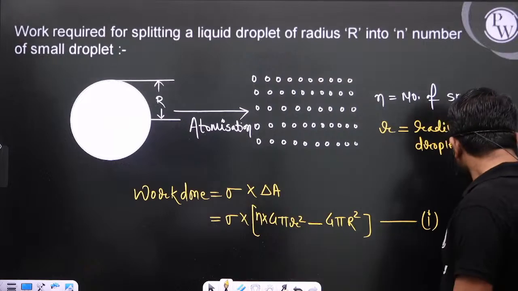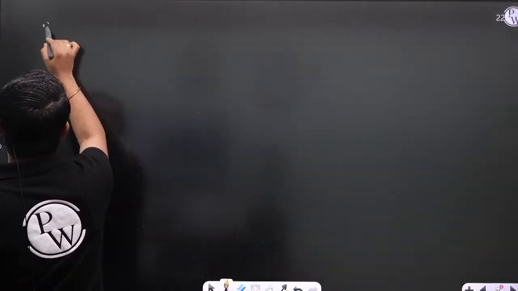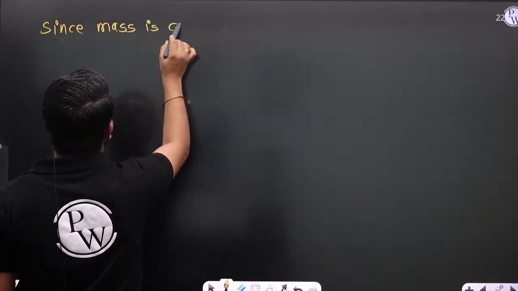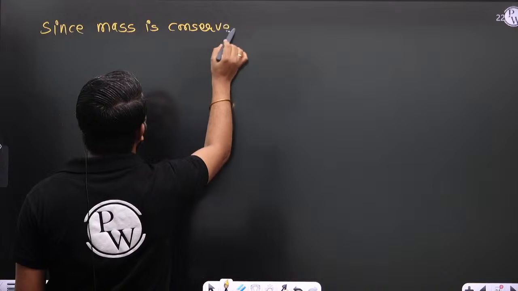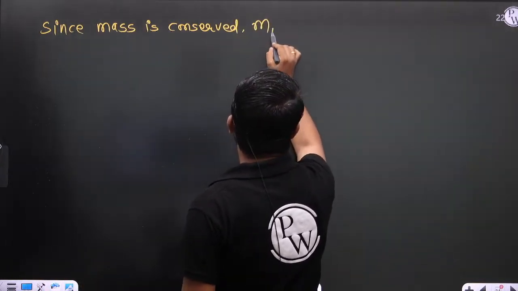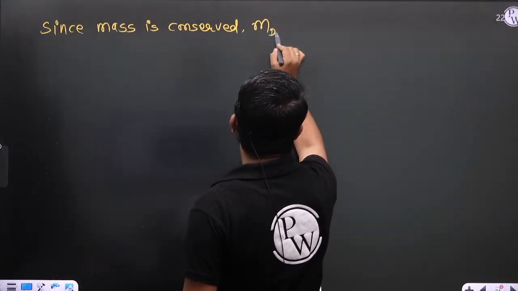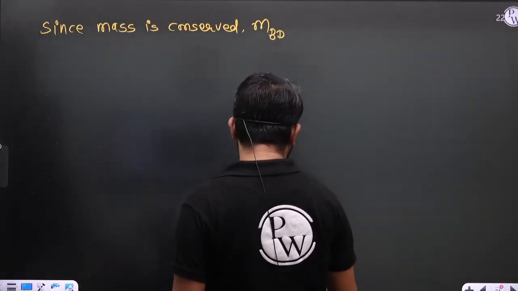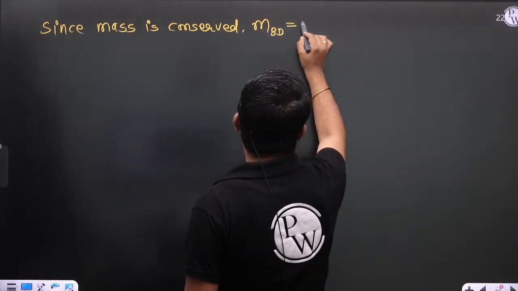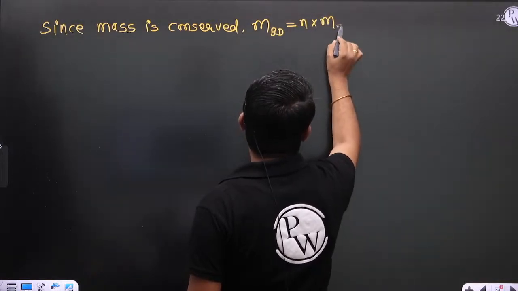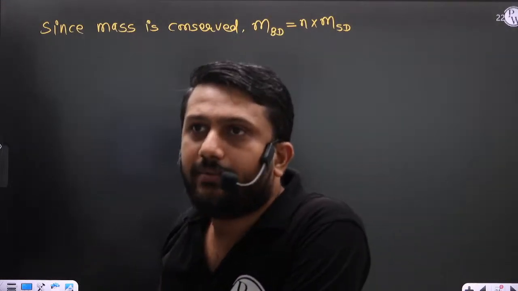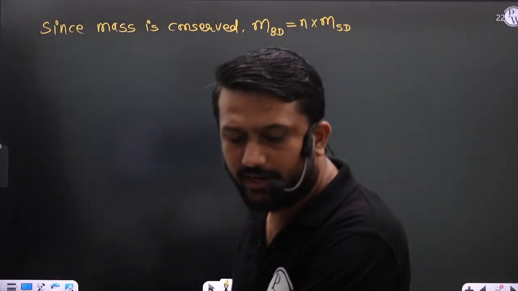Since mass is conserved, the mass of the bigger droplet is equal to n multiplied by the mass of a smaller droplet.